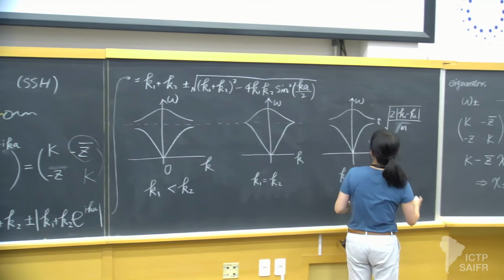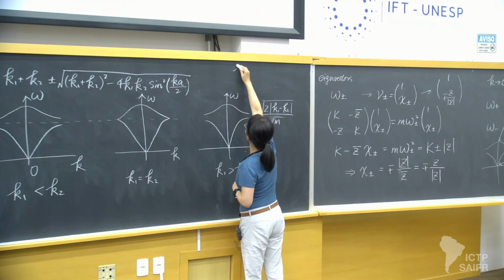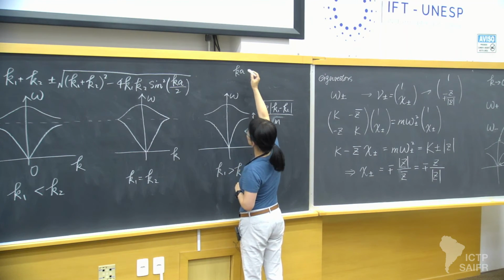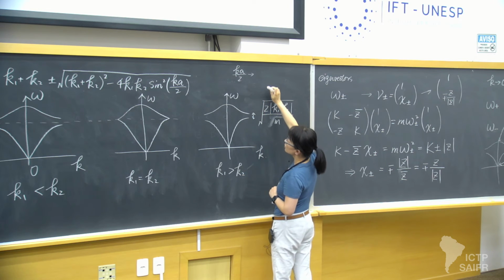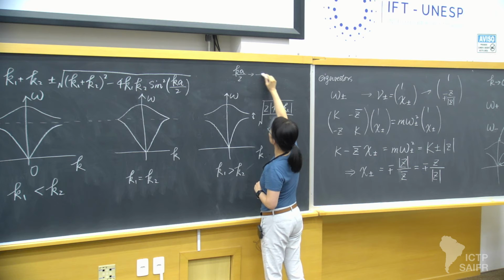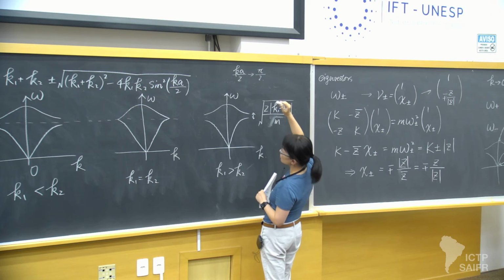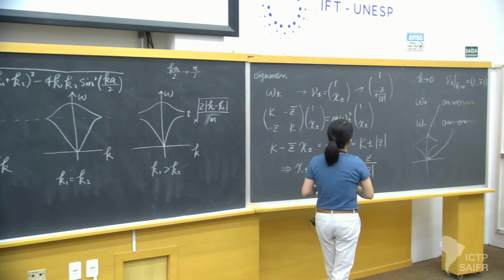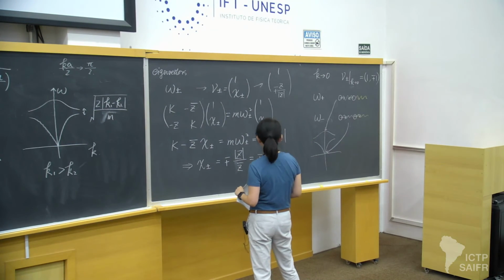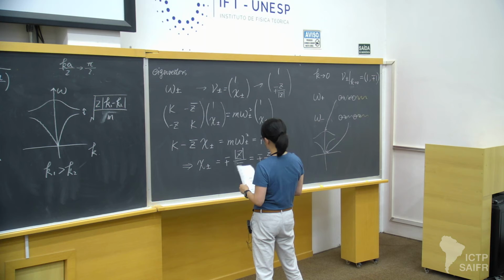So at the edge of the Brillouin zone, you have Ka over 2 going to pi over 2, and let me write the eigenvectors, let me see.